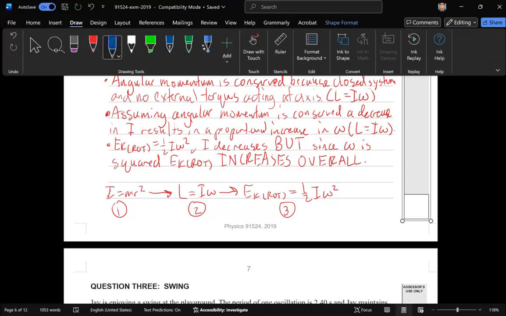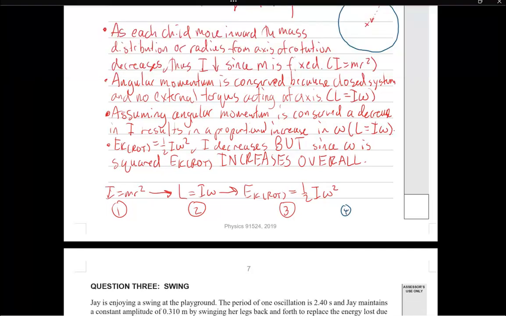So I'll get my pen out. So all four concepts explained and linked. Four is also the angular momentum being conserved. I'll just add that in. So all four concepts explained and linked will get you an excellence, so a high excellence, a full answer.